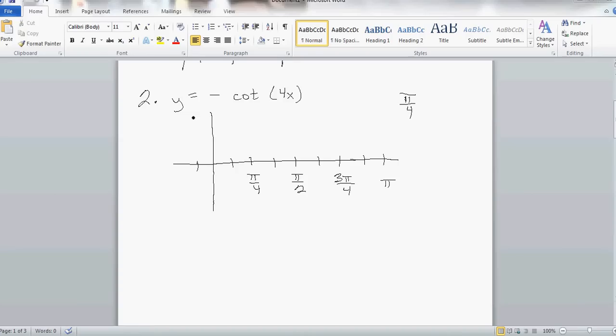Cotangent will have asymptotes at the y-axis, and since our period has changed to become pi over 4, it's going to be at every pi over 4 as well.